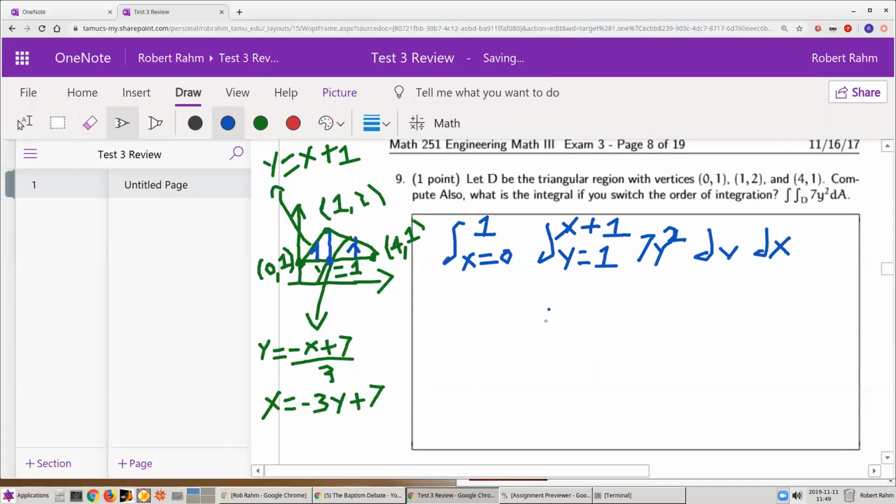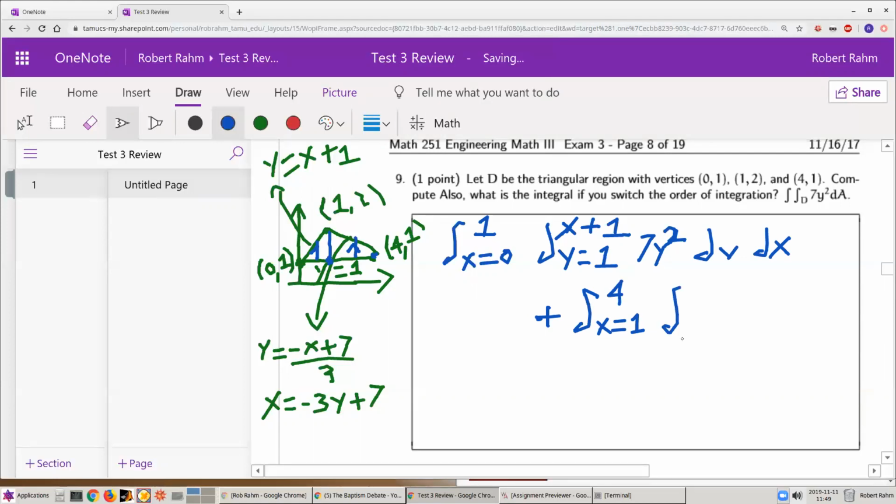And now we're going to have to add the integral for the other part. So at this point, x is going to go from 1 to this point, so it's going to go from this point to this point. X is 1 here, x is 4 here, so this is x equals 1 to 4.